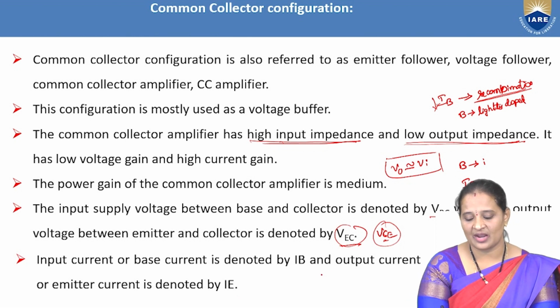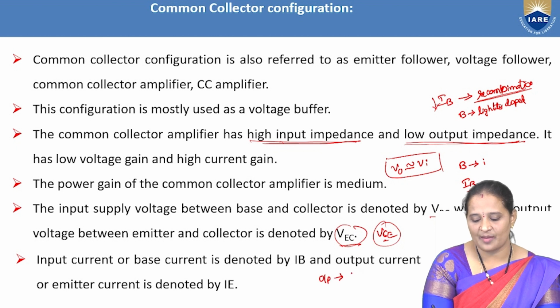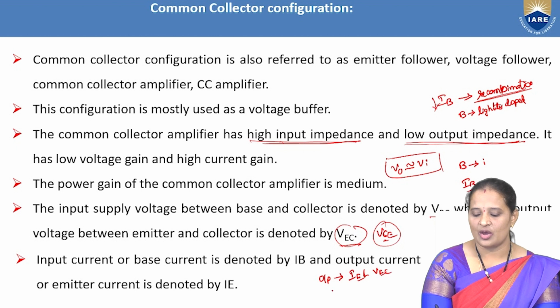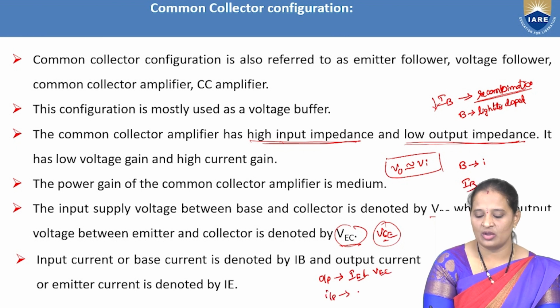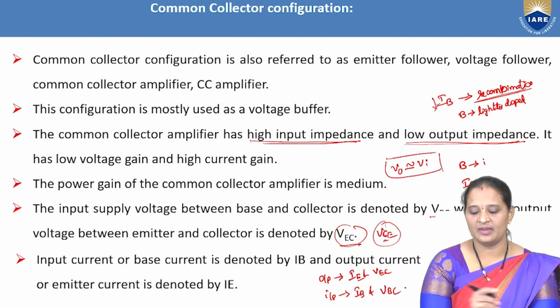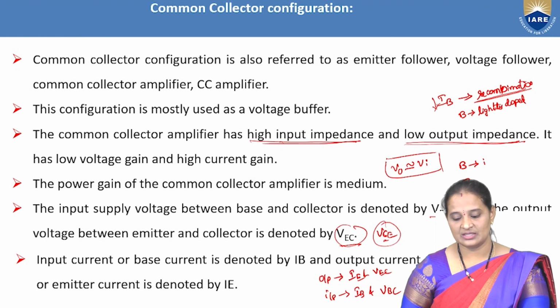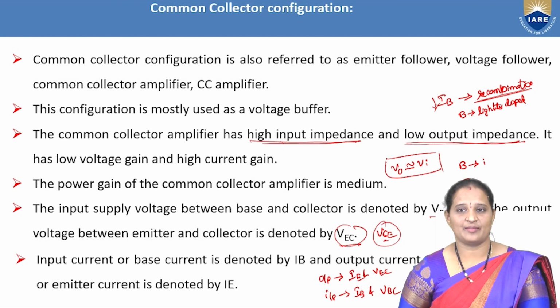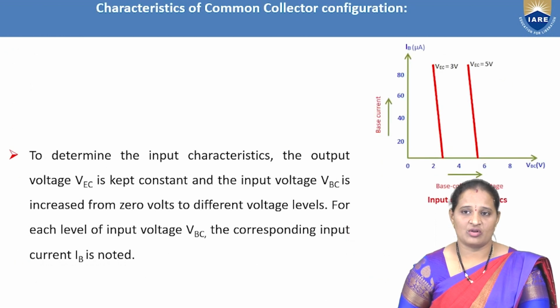So what are the output parameters we have? Output parameters are IE and VEC, and the input parameters are IB, because the input is applied to the base terminal, and the input voltage is considered to be VBC. So these are the input and output parameters of common collector configuration.